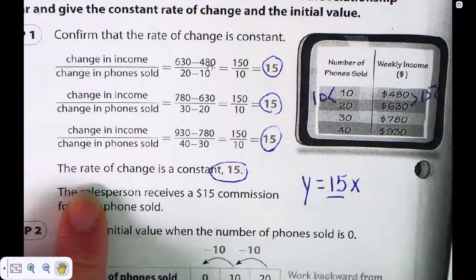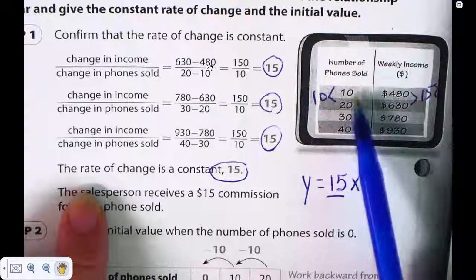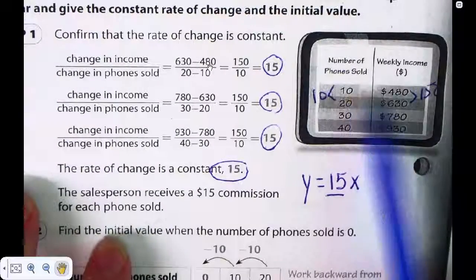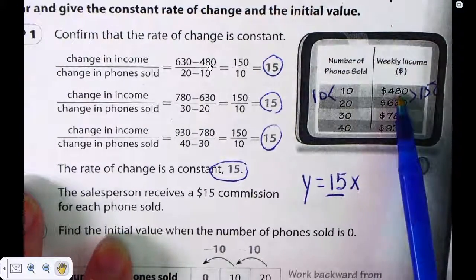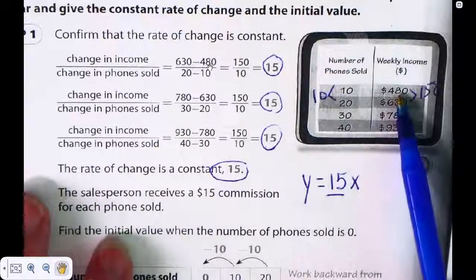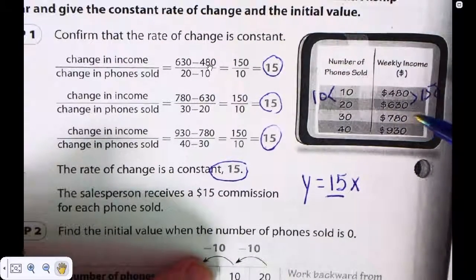Now, we need to find out if it's proportional, though, or not. What's 15 times 10? 150. Well, it's not 480, is it? No, it's not 480. So we know it's not proportional.